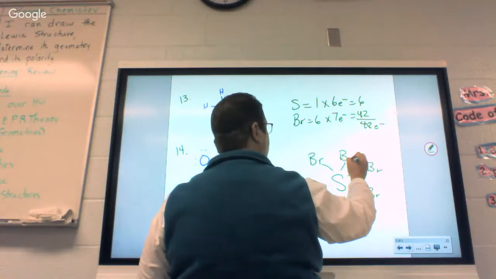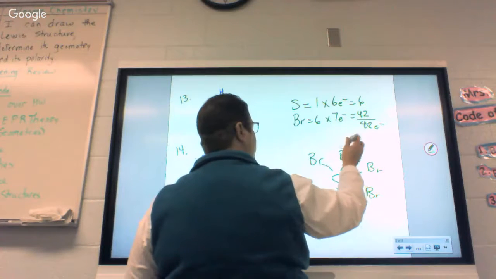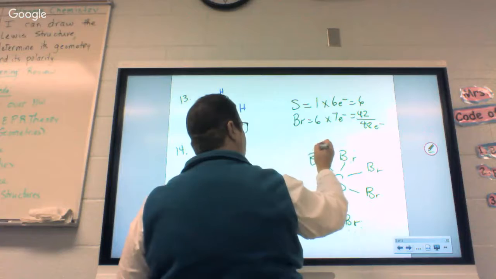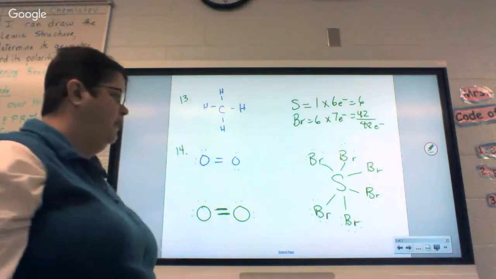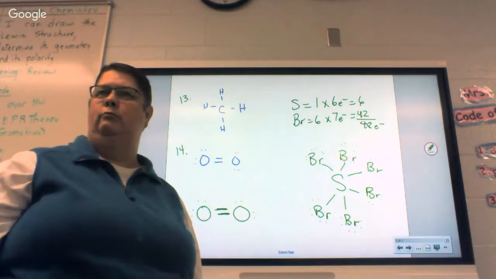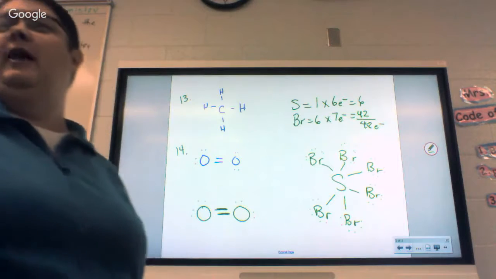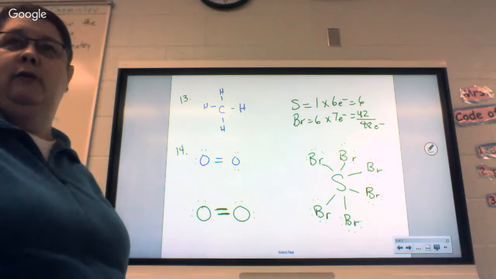Fortunately, I know how they're going to look, so I don't have to keep counting. So it will look like that when you finish. Okay? Oh, you didn't have enough electrons. Okay, that'll do it.